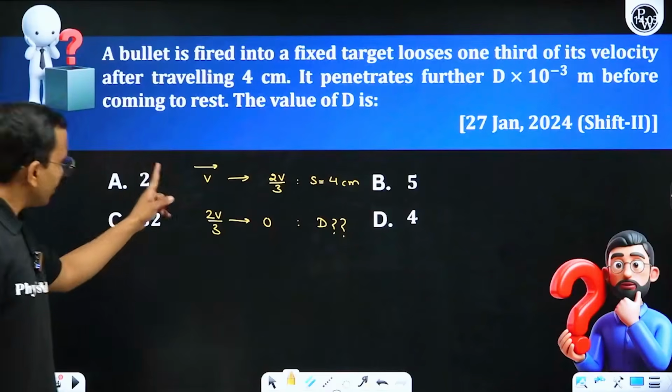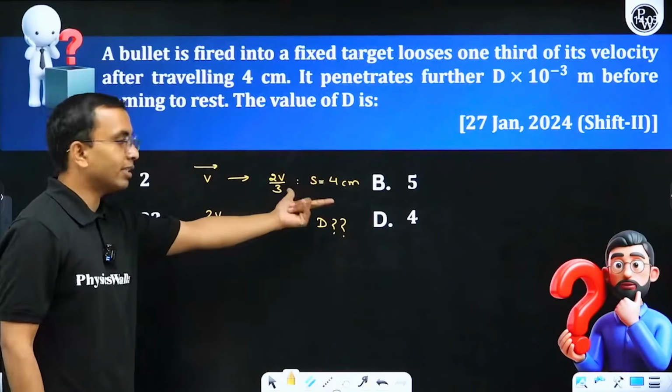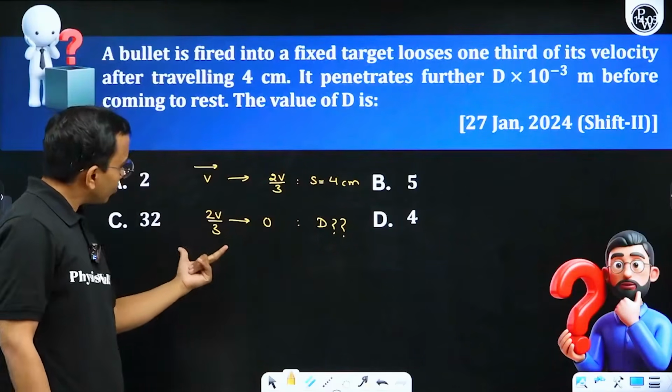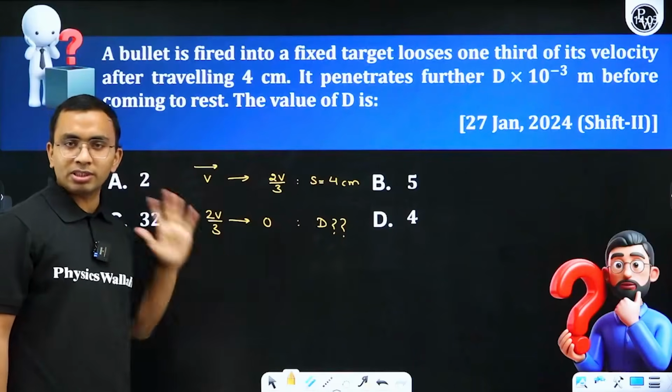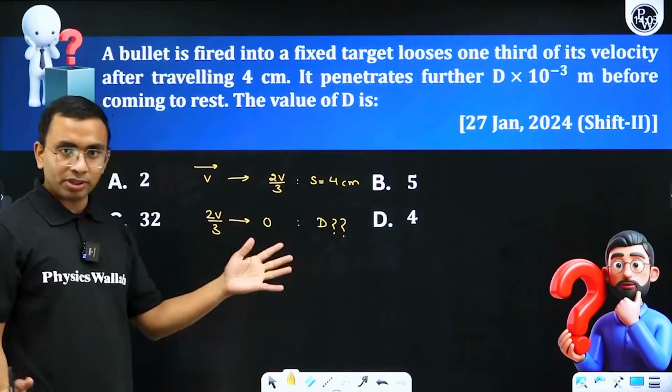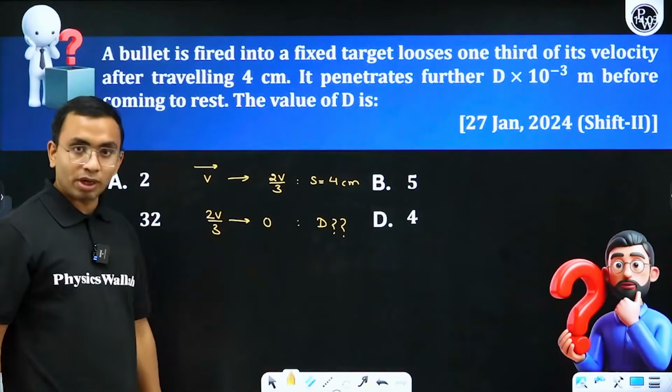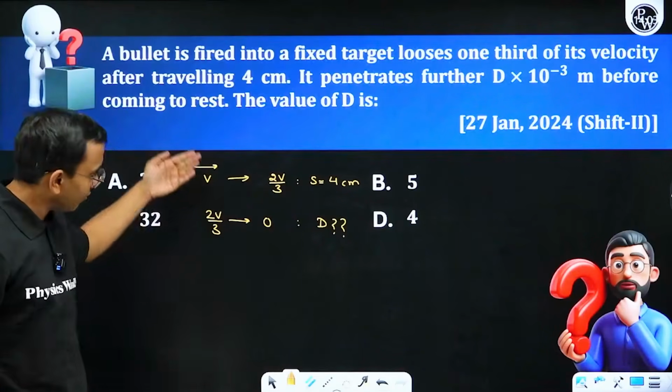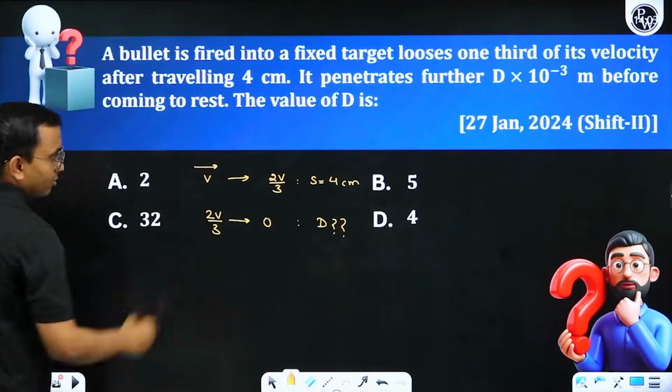Now when it went from v to 2v by 3, it covered distance s. When it is going from 2v by 3 to 0, how much distance will it cover? Here we are relating the speeds and the displacement or the distance. So I'll use the formula v square minus u square is equal to 2as for each of the conditions. This is my first condition, this is my second condition.